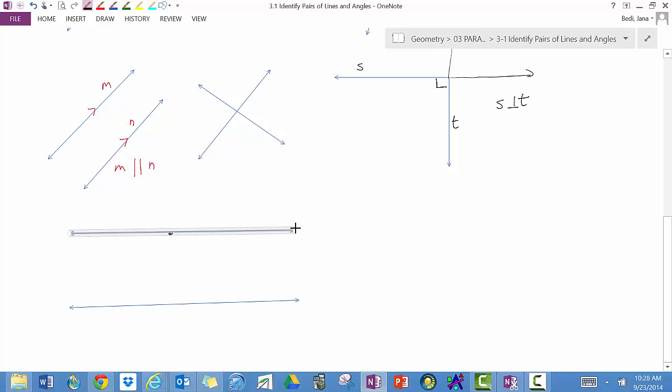So this is what we're saying, that you can only draw one line that is parallel.